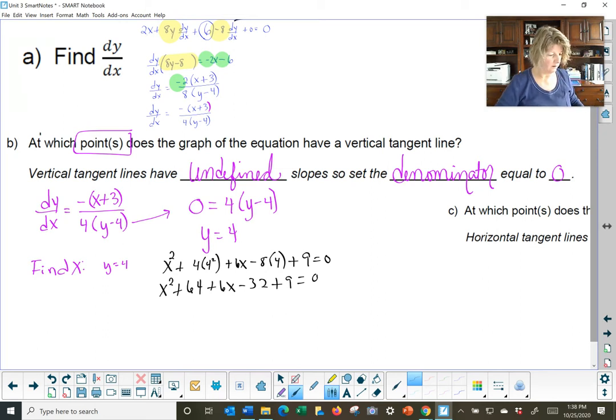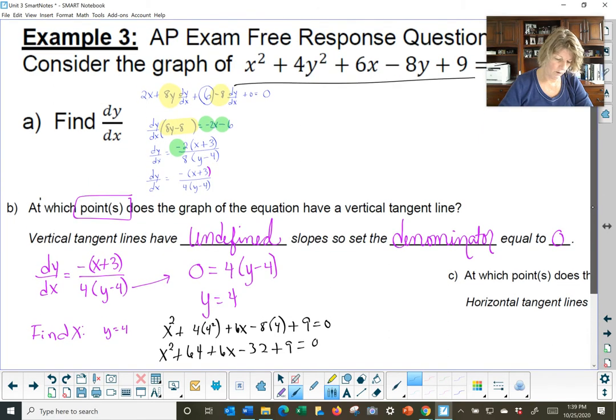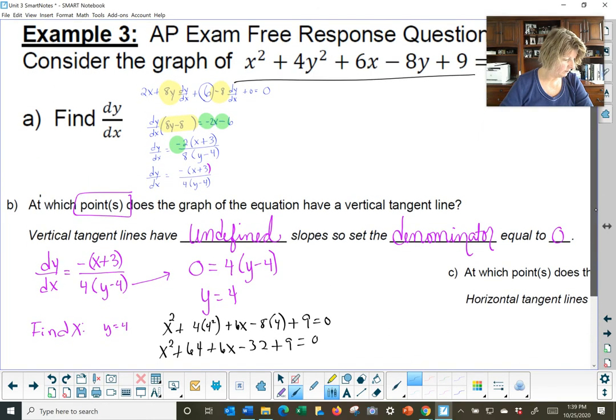I was just looking at my work and I'm not sure I did it right. 4y, and y was equal to 4, wasn't it?